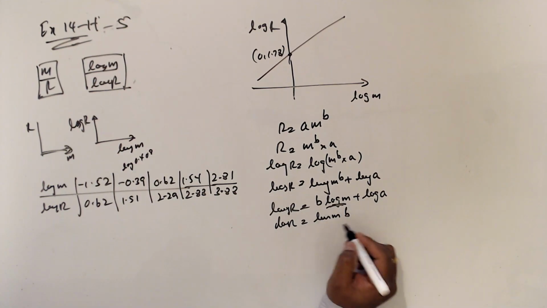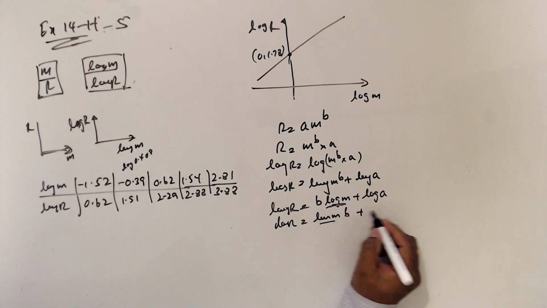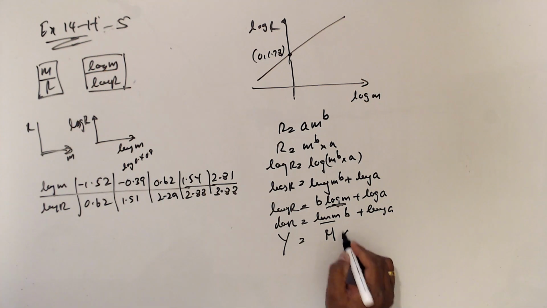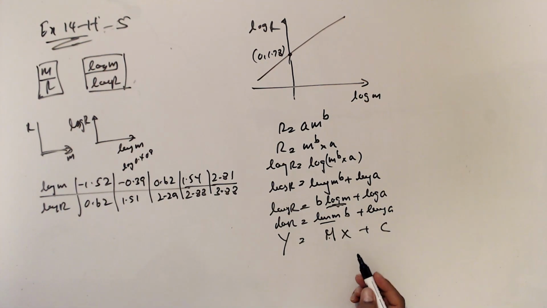This is constant plus log A. So this is the y equals mx plus c form. I took capital M because there is m again.